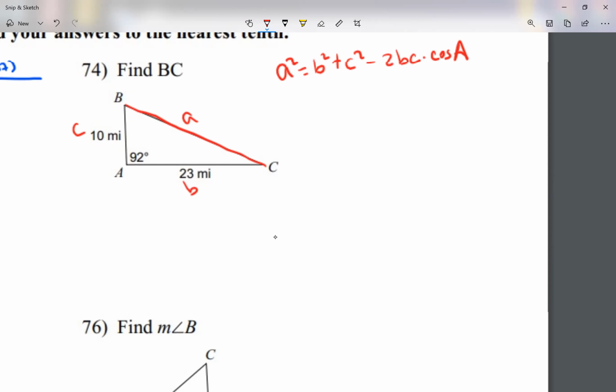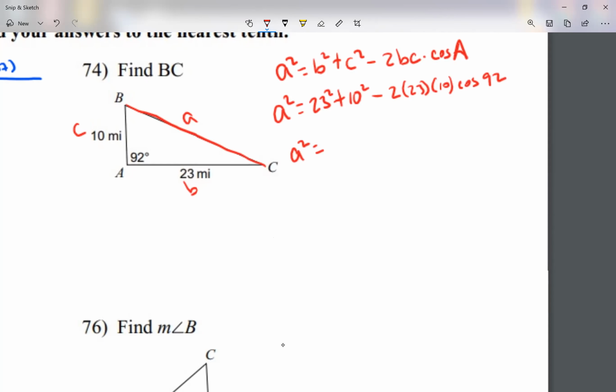Remember, side C is opposite of angle C. Side B is opposite of angle B. So I can just do this. All right, I'm going to write A squared is equal to 23 squared plus 10 squared minus 2 times 23 times 10 times cosine of 92.